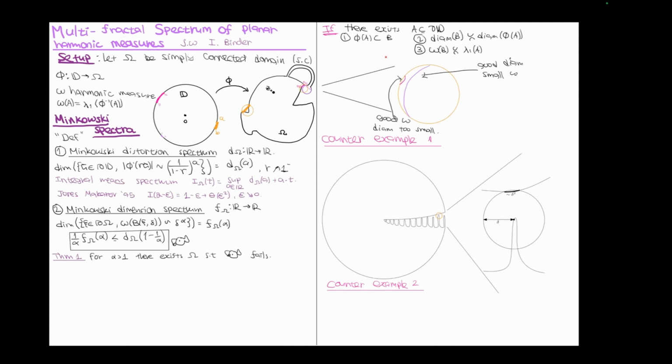However, if you look at these three conditions, they do hold for a vast collection of examples, which are quasi-disks. So theorem 2 tells us that if omega is a quasi-disk, then the anglerfish holds.